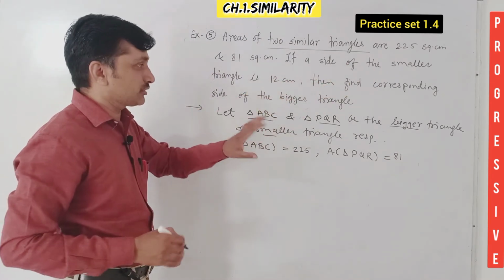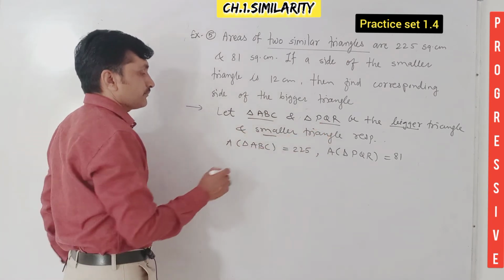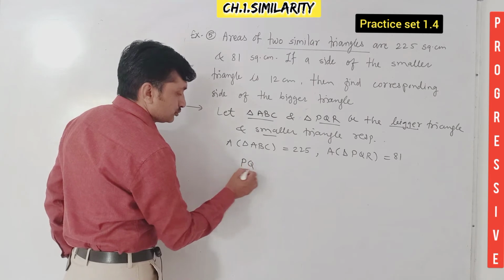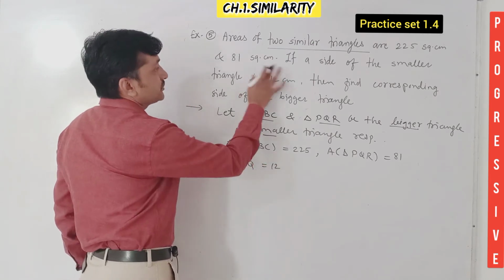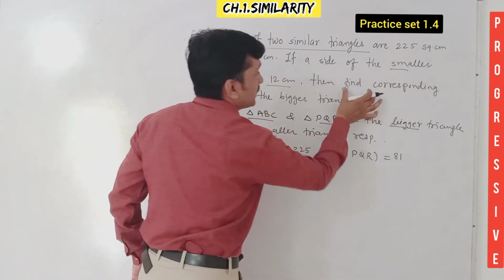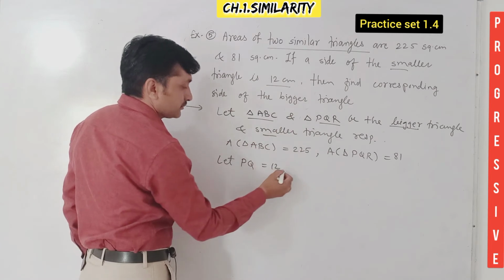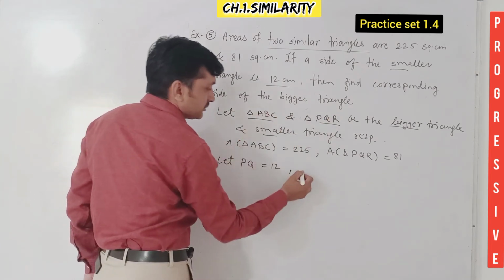Any corresponding side of the smaller, we took PQR, right? Therefore PQ, I write here, let PQ be equal to 12. Here PQ is 12, a side of the smaller, and find the corresponding side of the bigger. What will be the corresponding side of PQ? Then AB, question mark.